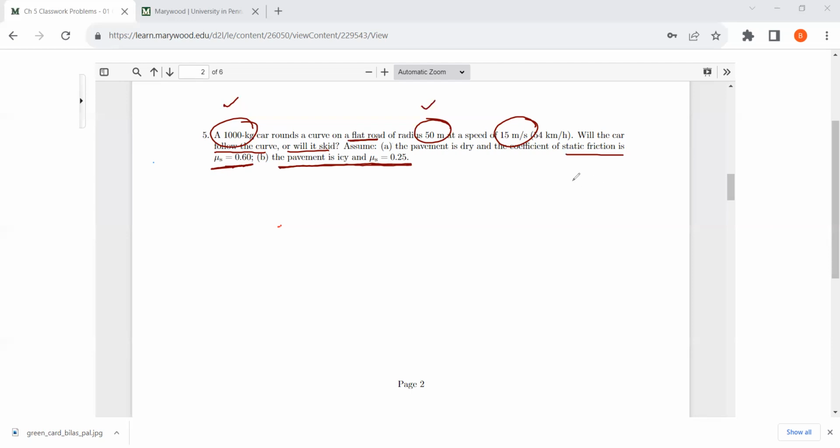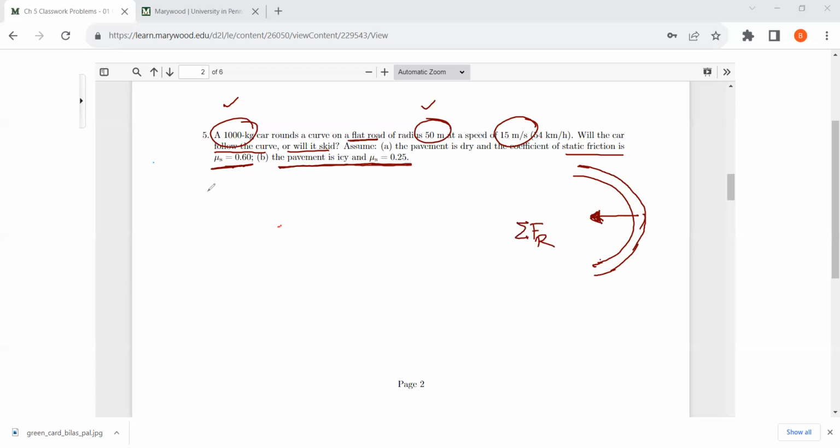Let's say this is the curve. To keep the car in this unbanked flat circular path, we need a force toward the center of the circle, and that we call the centripetal force.